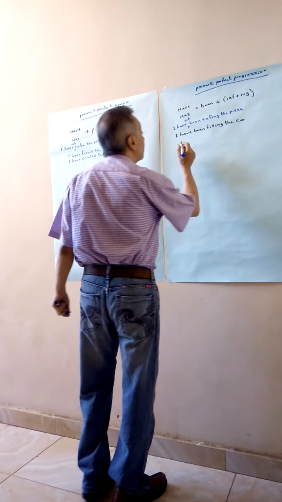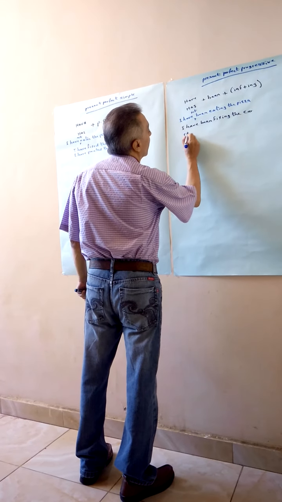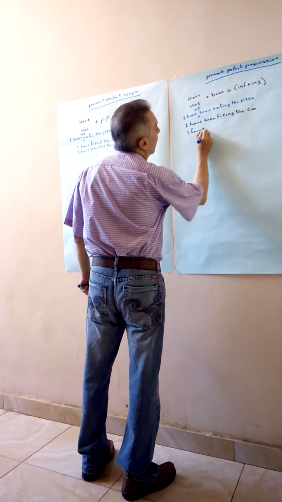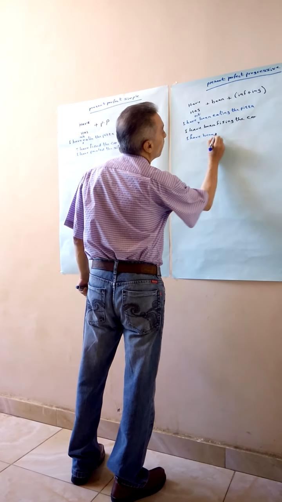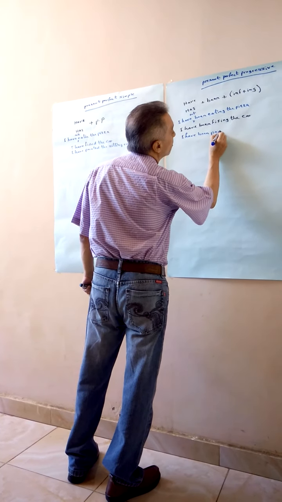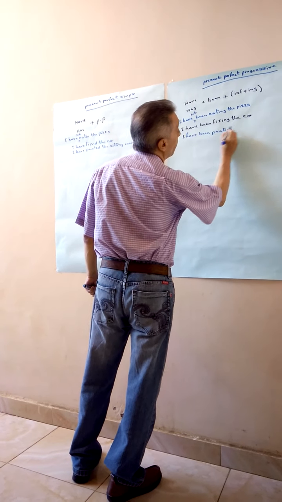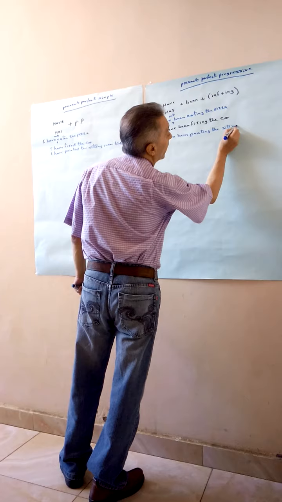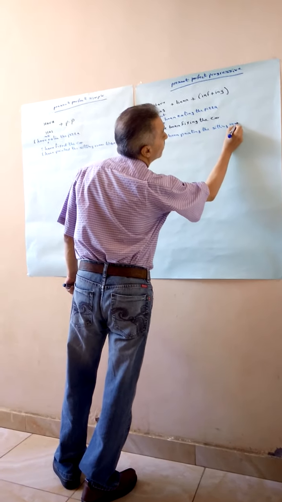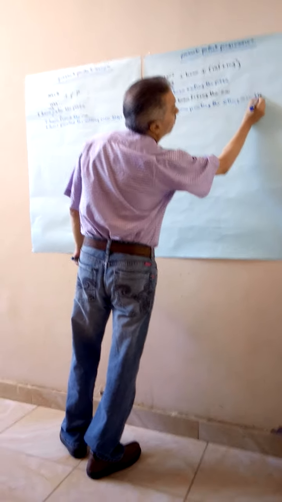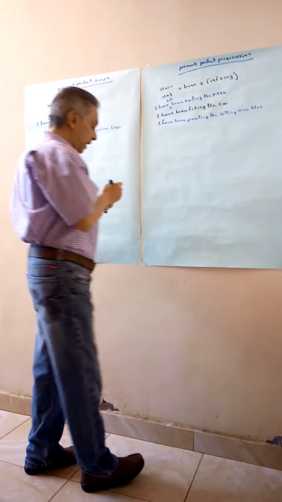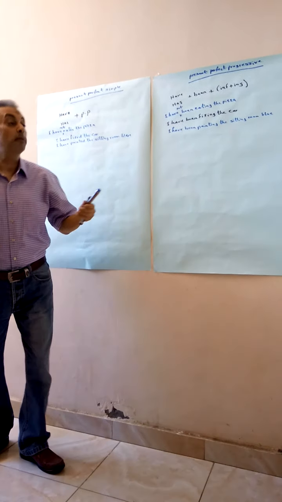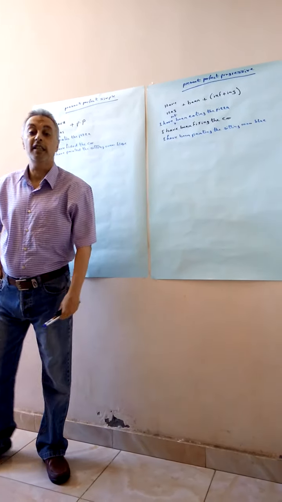Whereas the present perfect progressive: I have been painting the sitting room blue. Here we are talking about unfinished activity.